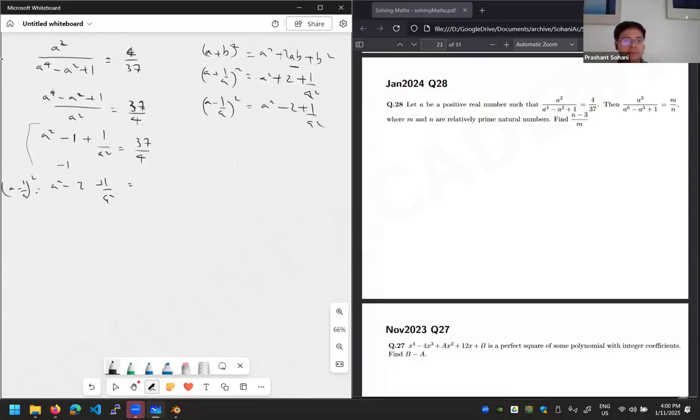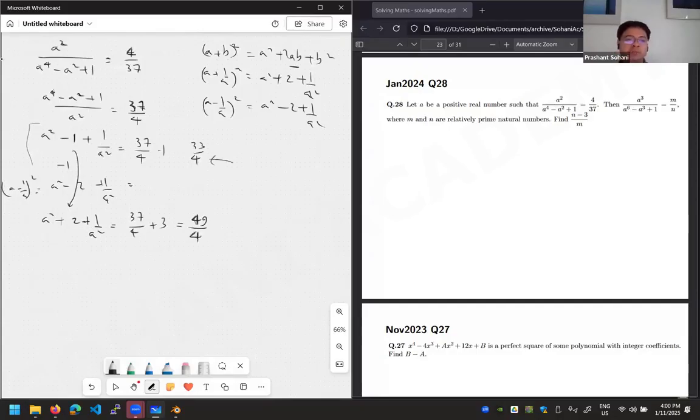If you notice what is happening in the RHS, if I subtract 1 from this, I am going to get 33 upon 4, which is not looking like a perfect square. But on the contrary, if I want to convert this into the positive one, so if I add 3, so that minus 1 becomes plus 2. Okay. Then what is happening to the RHS? If I add 3 there also, I'm going to get 49. So now that is looking like a much more manageable calculation.